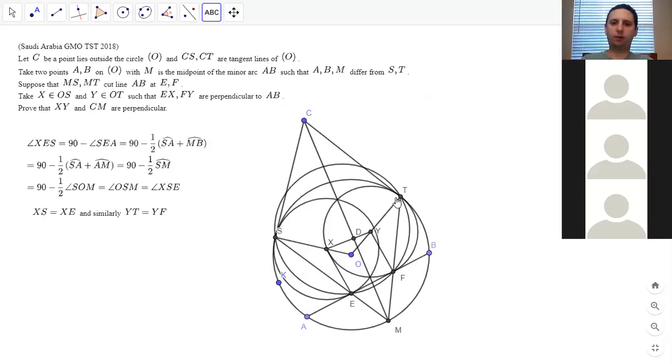So now since CS squared is equal to CT squared, it's also easier to see that both of those circles are tangent to the bigger circle.